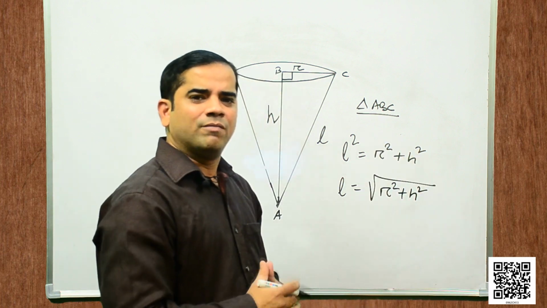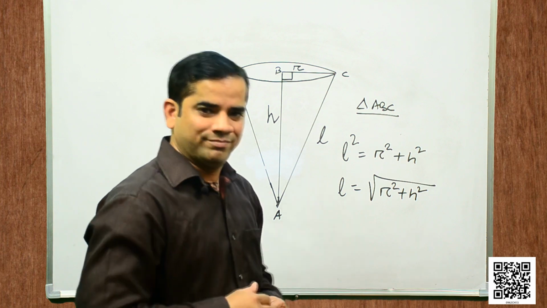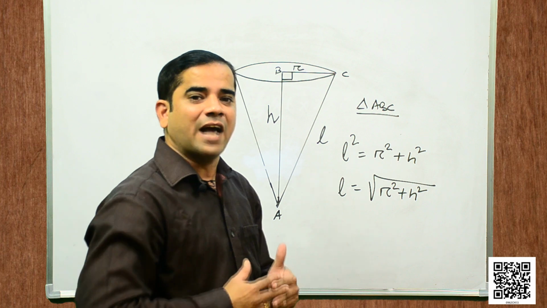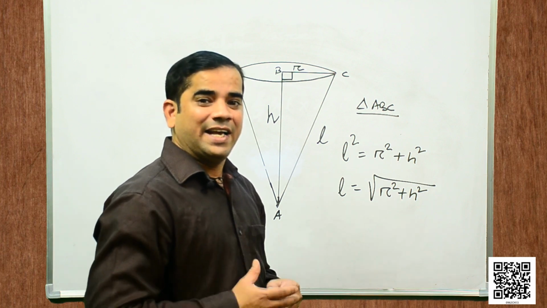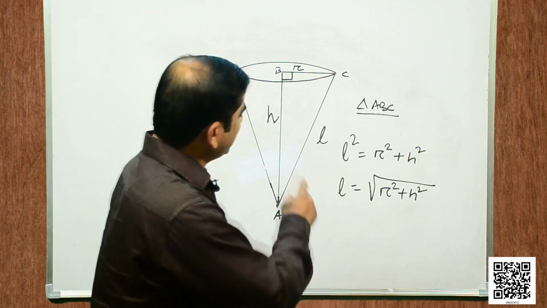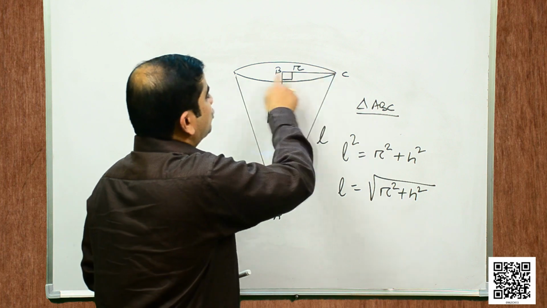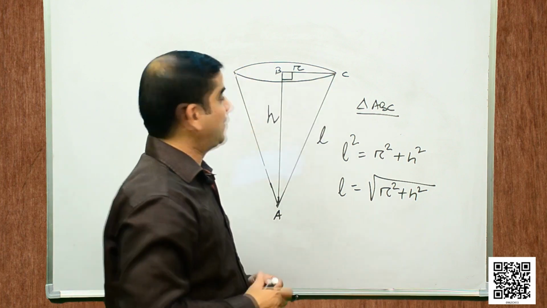Now if the base of the cone is to be closed, then a circular piece of paper of radius R is also required, whose area is pi r square. This is for an open cone. That means this part is open now. See, this is a circular surface, isn't it?